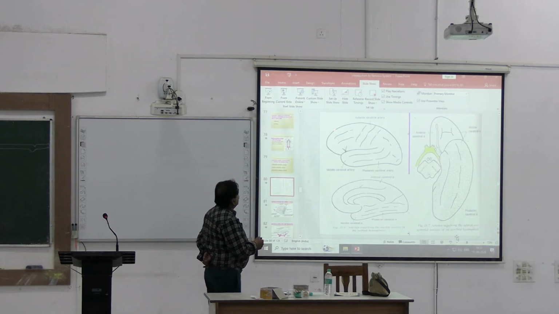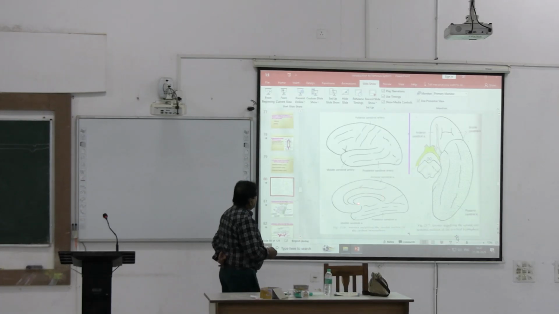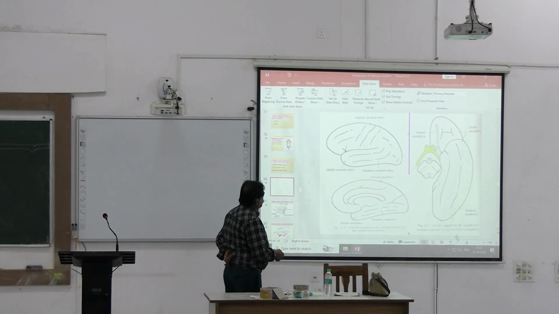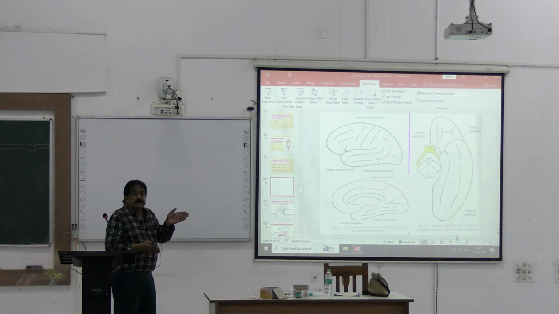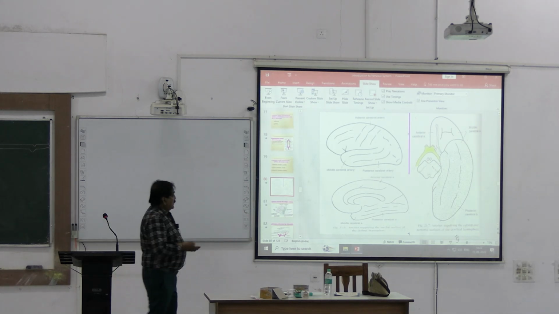Now, you practice these diagrams. You just have to draw the brain like this, with the middle cerebral artery, anterior cerebral artery and posterior cerebral artery. Now, you can see the corpus callosum, the sagittal section of the brain.